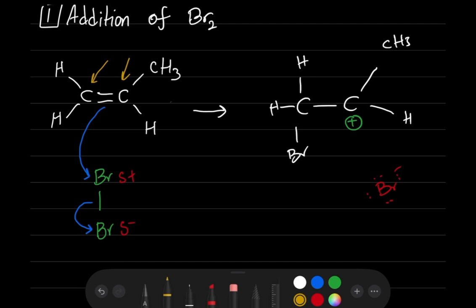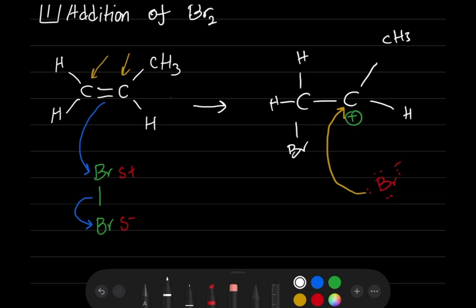You will see that the positive sign on the carbocation will be attacked by the bromide ion, and you have to draw a curly arrow from the lone pair. We have a lone pair right here, and we just draw this arrow, and we will end up with the same molecule.